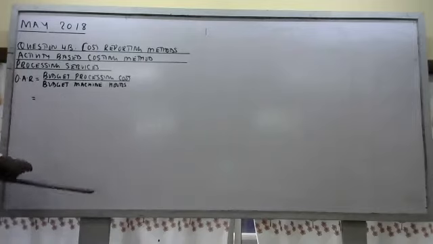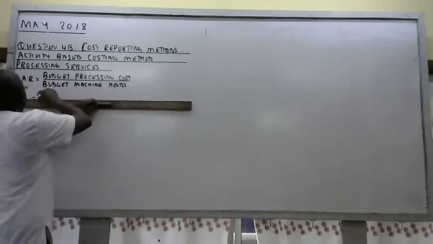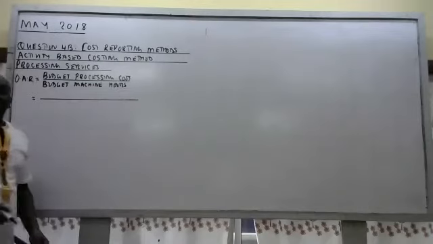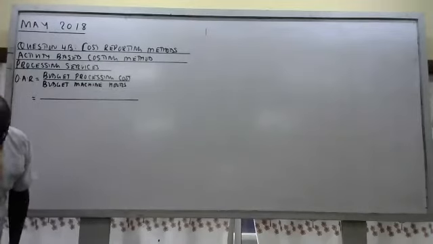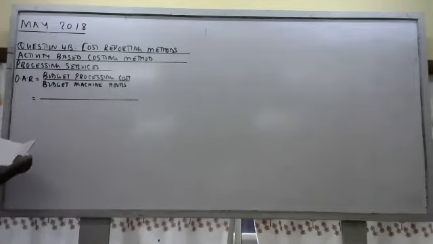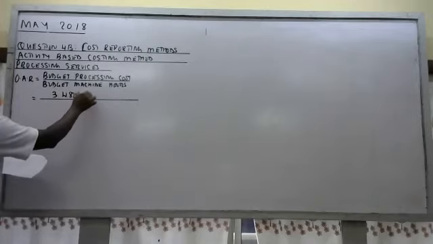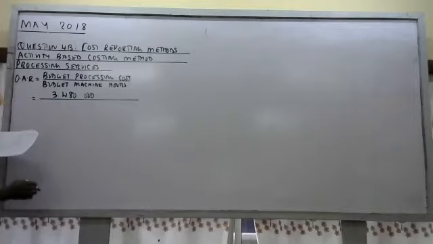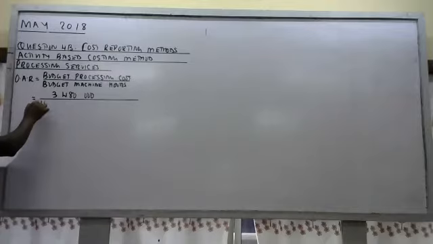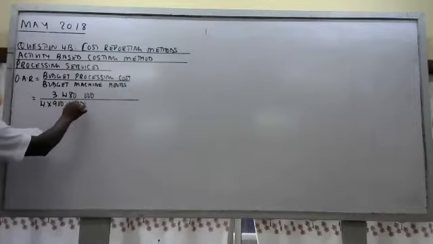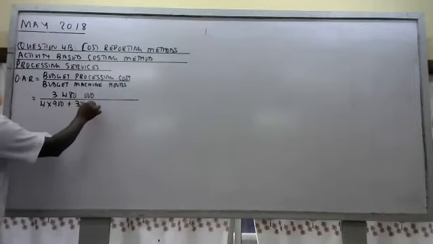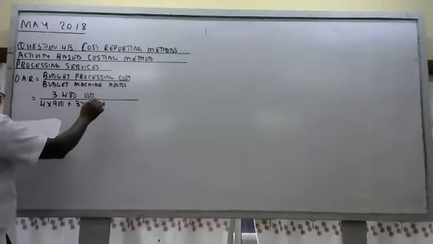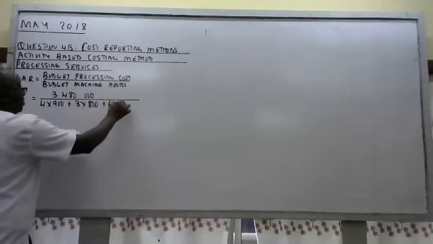So with that, I'm going to proceed and have the processing cost as 3,480,000. The machine hours we just argue the same way we argued with the other one. 4 times 900 plus 3 times 800 plus 6 times 1,000.